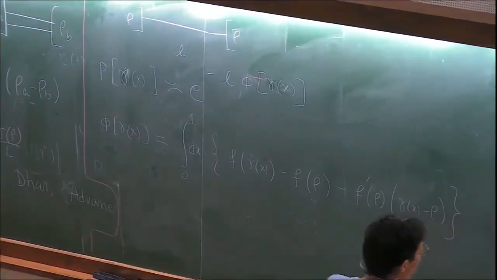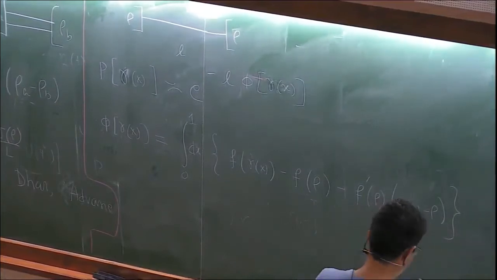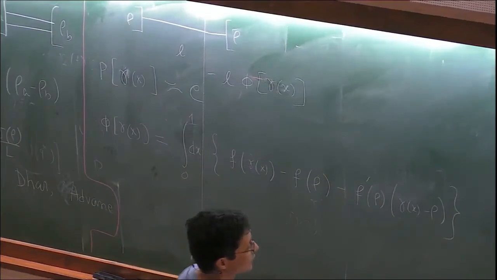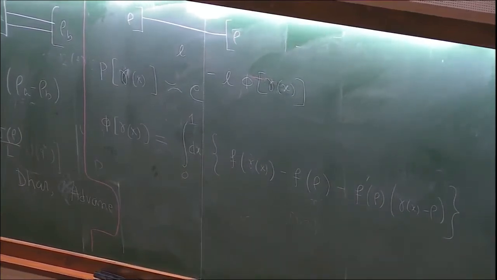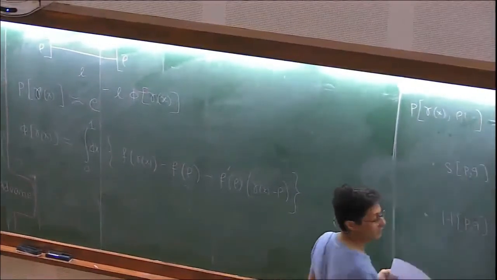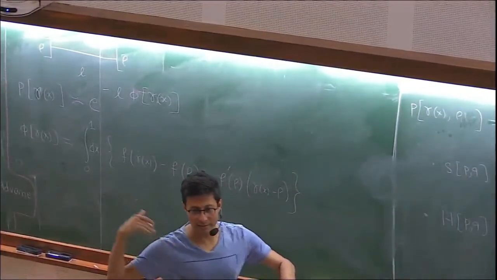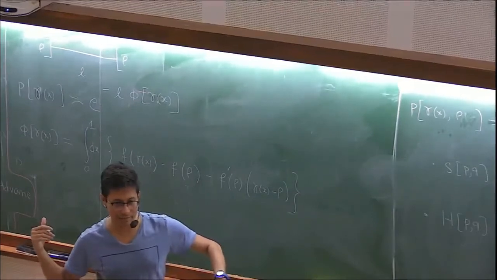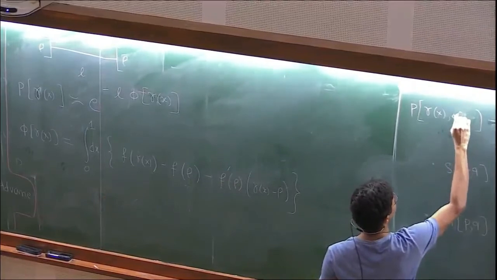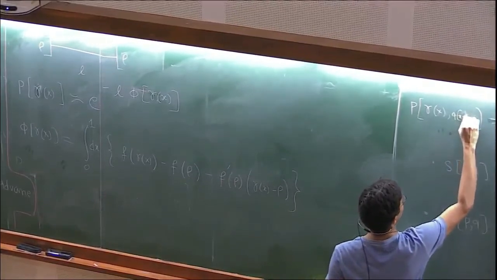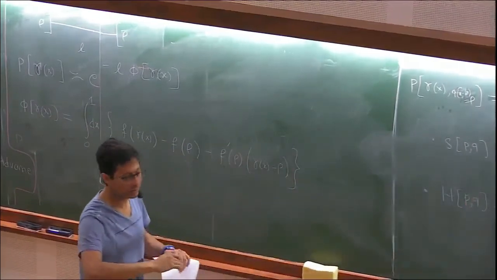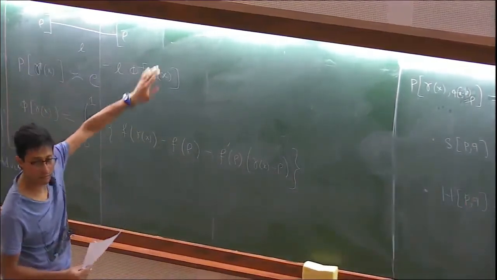Okay, so now the same picture holds. I have this probability distribution. I start at time minus infinity, where this is the most probable profile, which is the average density rho.